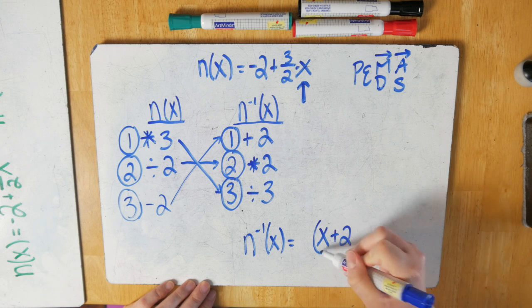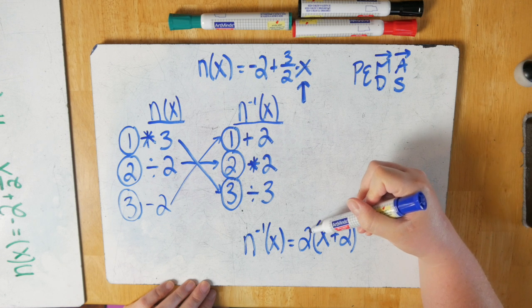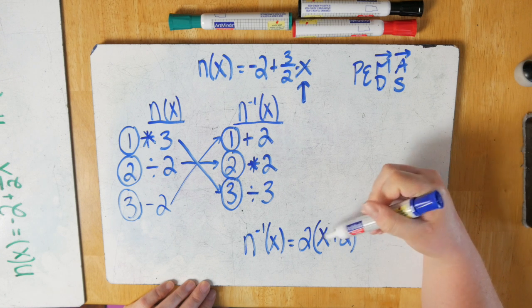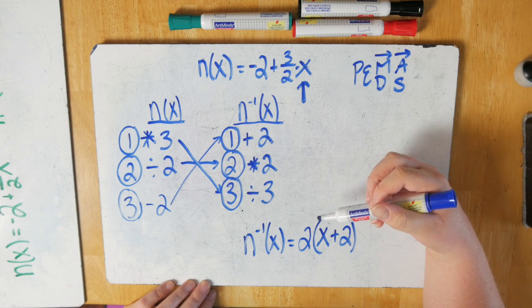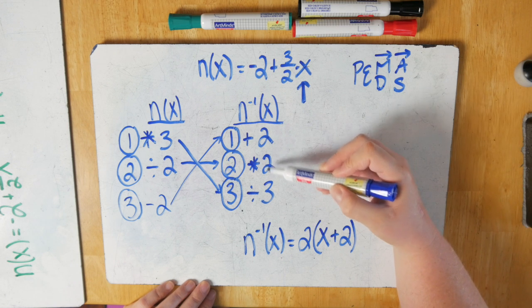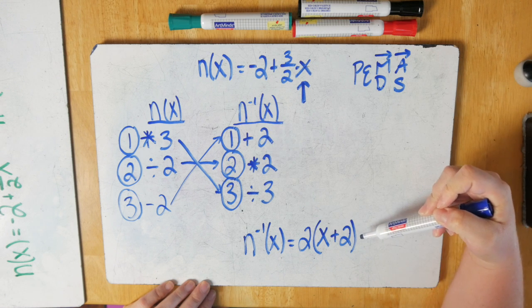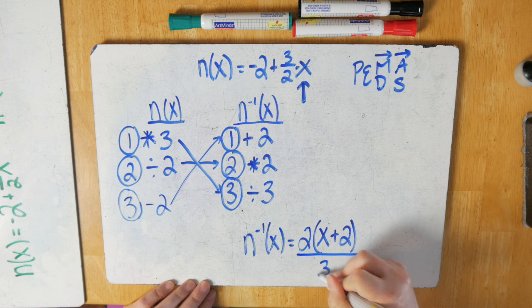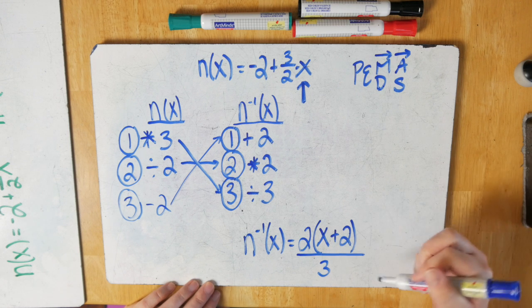So I'm going to put parentheses in and multiply that by 2, so that the 2 is being multiplied by the x and the 2, and not just one of those pieces of that expression. And then the last thing that we need to do, again to all the steps we have so far, is that the entire expression we have written is going to be divided by 3. So we're going to divide everything we have by 3. And there is our inverse function.